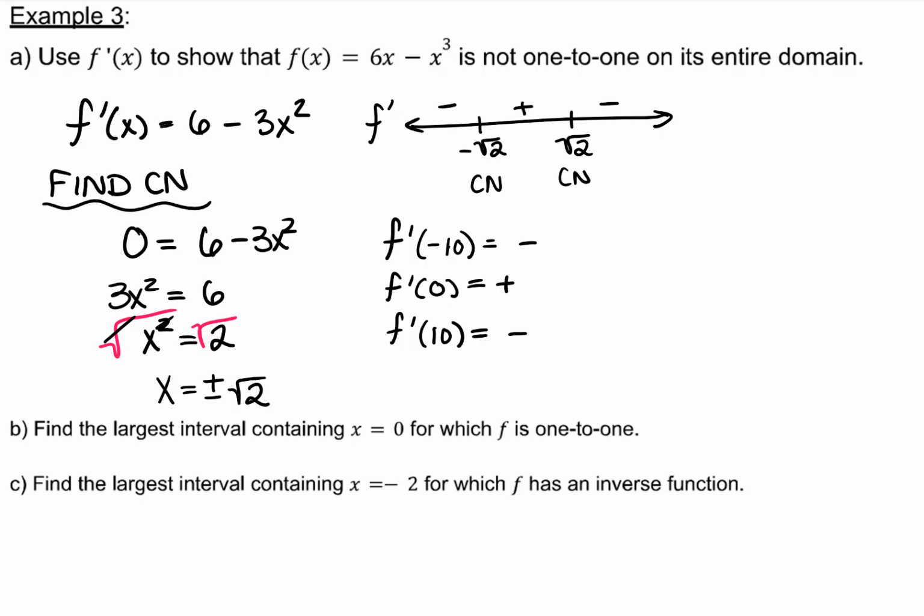This is not strictly non-decreasing because it's decreasing on these intervals. Therefore, this function is not strictly monotonic and not 1 to 1.